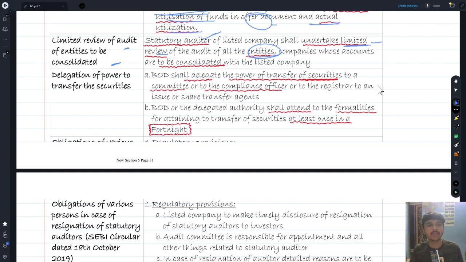Now, delegation of power to transfer the securities. This we have already dealt with at our senior KG level, that is CA Intermediate. The board of directors shall delegate the power of transfer of securities to a committee or the compliance officer, and the board of directors or the delegated authority shall attend to the formalities for transfer of securities at least once in a fortnight.